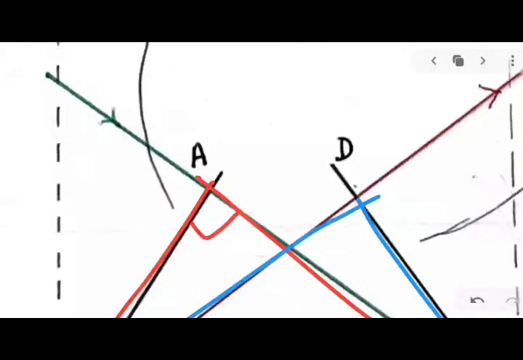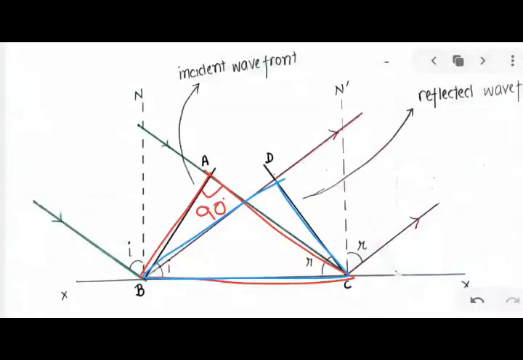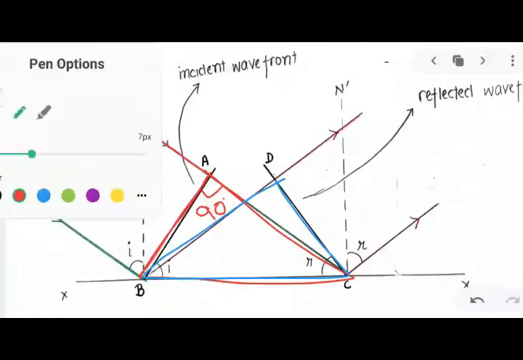This angle will be 90 degrees. Why? Because we know this wavefront AB is always perpendicular to its direction of propagation. So therefore this angle will be 90 degrees.